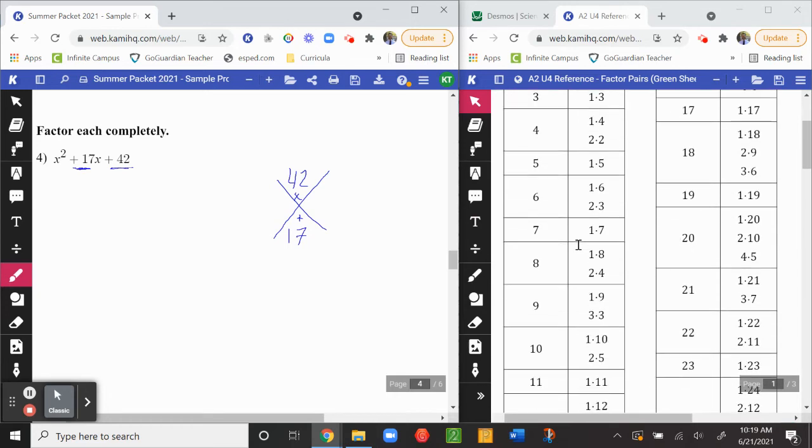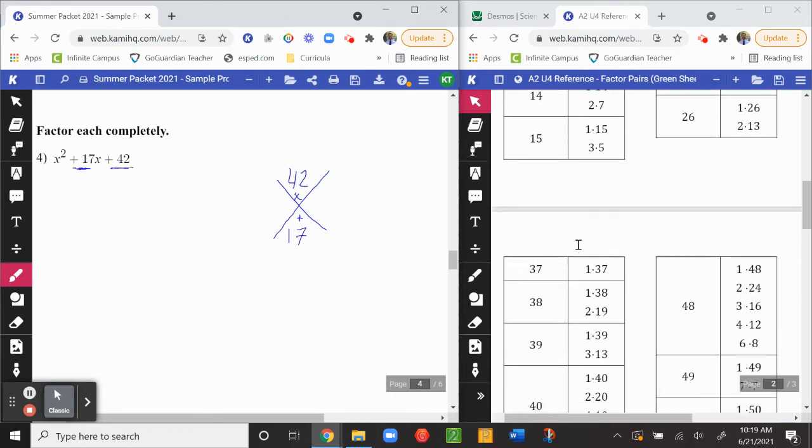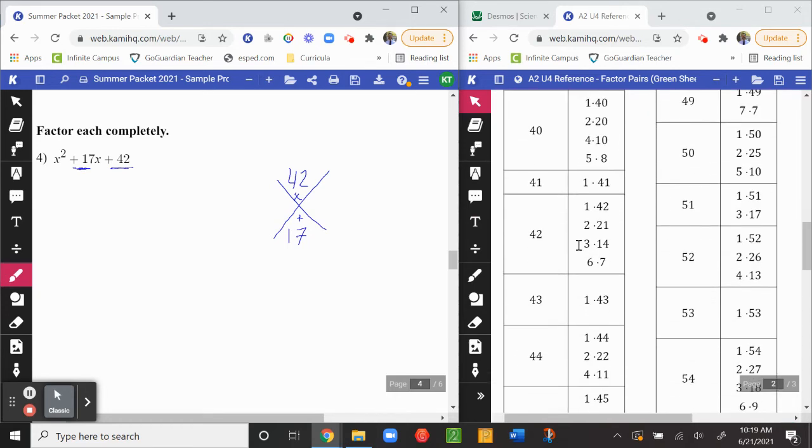So I can use my factor pair sheet to look up all of the integer factors of 42. Let's see, could it be 1 and 42? Well, they certainly multiply together to get 42, but if I combine them, that's 43. That doesn't work. I can try that out with the rest of these factors. 2 and 21.